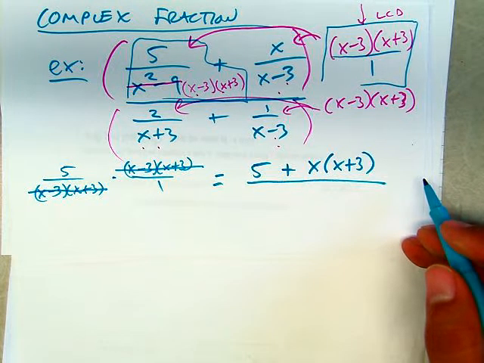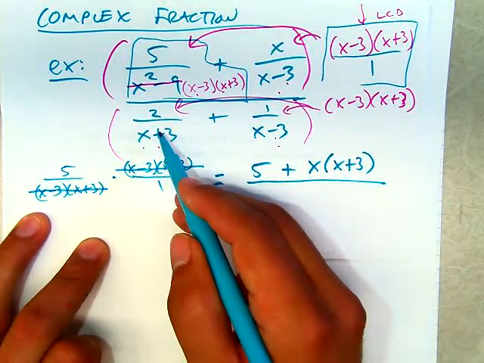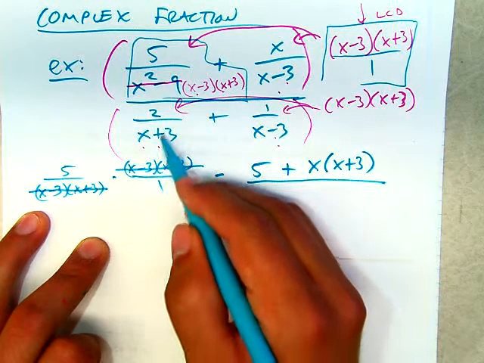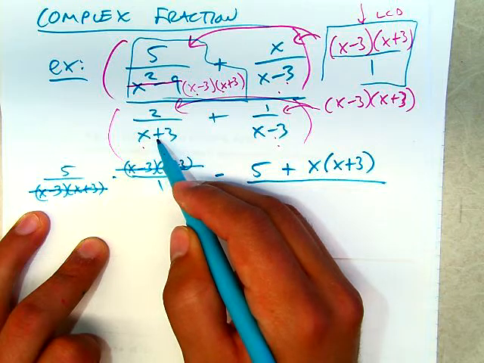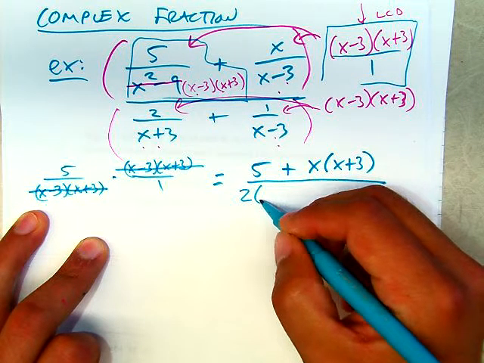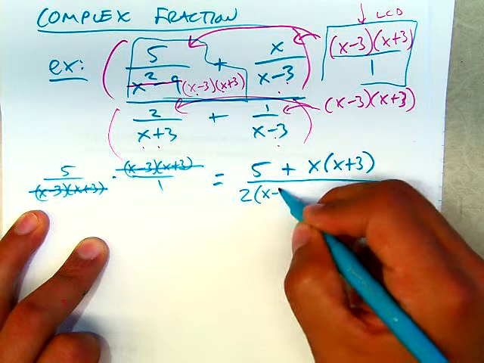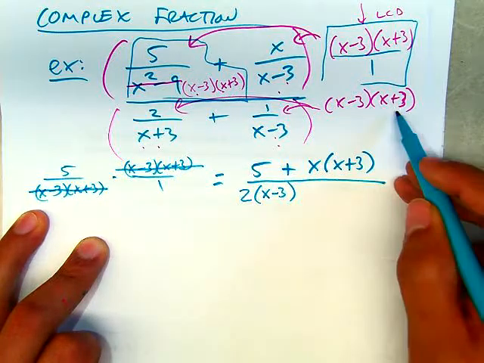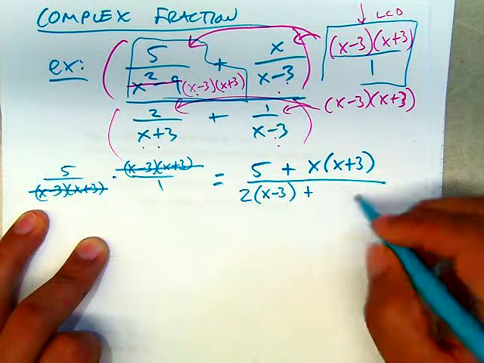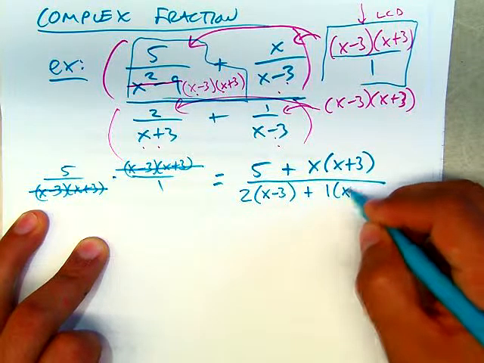Okay, let's try the denominator. What's going to happen if I take that same thing and multiply it to this first fraction here? What's left over? 2 and x minus 3, because the x plus 3 will cancel with x plus 3. And now with the second fraction, what's left? 1 with x plus 3.